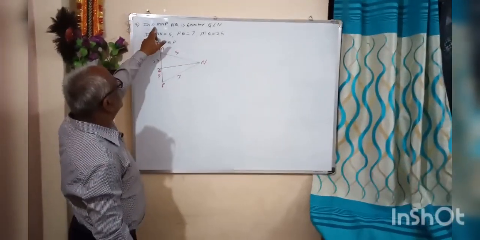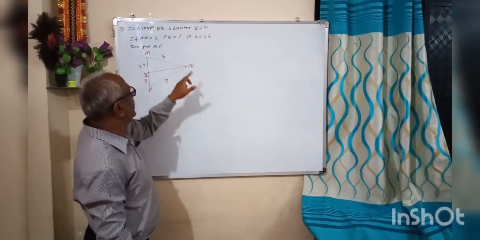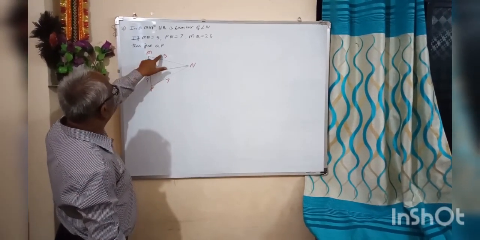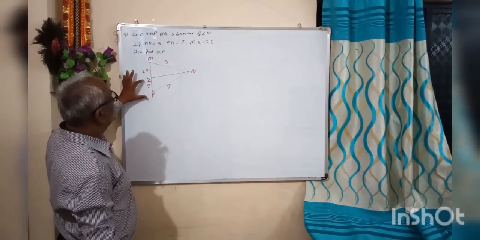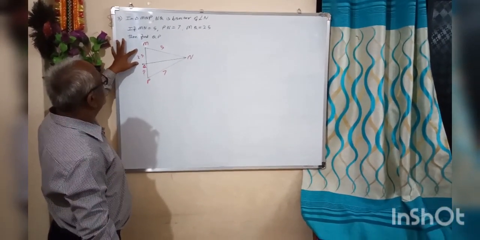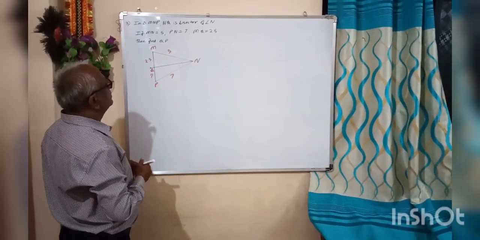Example: in the triangle MNP, NQ is the bisector of angle N. If MN is equal to 5, PN is equal to 7, MQ is 2.5, then find QP.